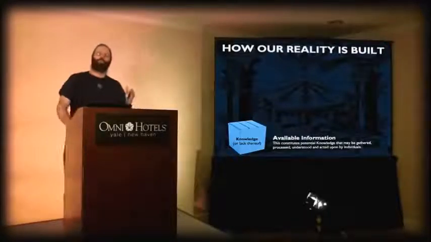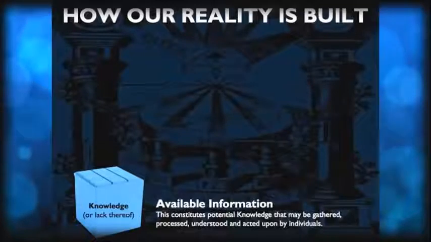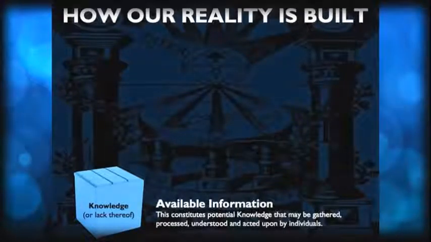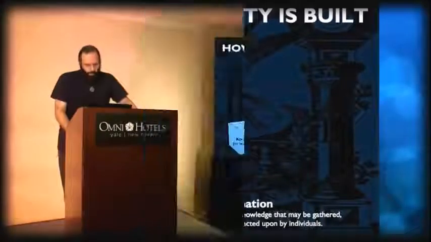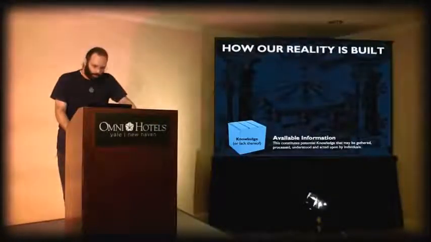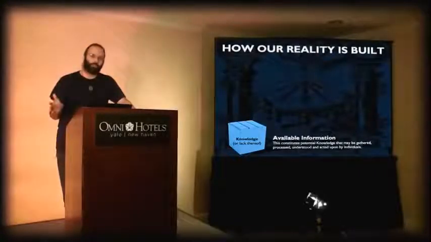So we start with available information. And when people look at what I'm going to describe here, they will recognize it as something. And I'll hold what that is for a moment. Available information is what you're starting with. This constitutes potential knowledge, and it can become knowledge if it's taken in, if it's amassed, if it's aggregated.